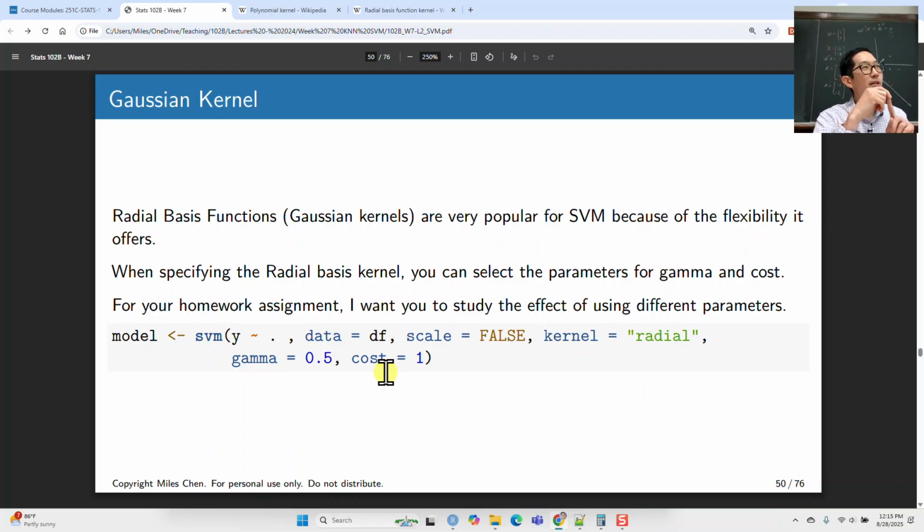So if you increase your cost really high, then you're going to tend towards high variance, okay? If you have gamma really high, you'll have high variance, okay? If you turn gamma really low, then you'll have less variance but higher bias, okay? Same thing with the cost, less variance but higher bias.